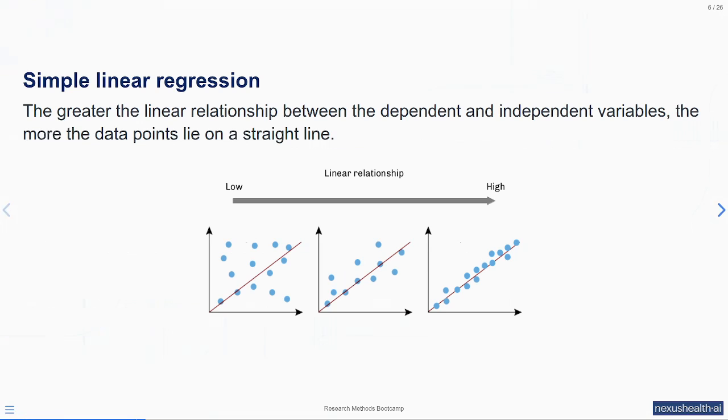The greater the linear relationship between the dependent and independent variables, the more the data points lie on a straight line. If we look at this graphic that tends from low to high, we find that as the linear relationship gets stronger, the data points become more clustered along a straight line. The higher the linear relationship, the closer they all are to that straight line.